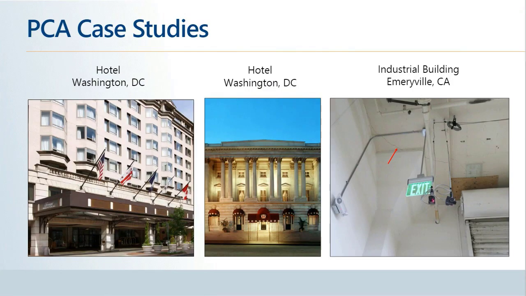We'll cover 3 separate properties, as I mentioned. 2 are hotel properties in Washington, D.C., and it's strictly coincidental that we're including hotel properties. And then also an industrial building in Emeryville, California, just outside of San Francisco.